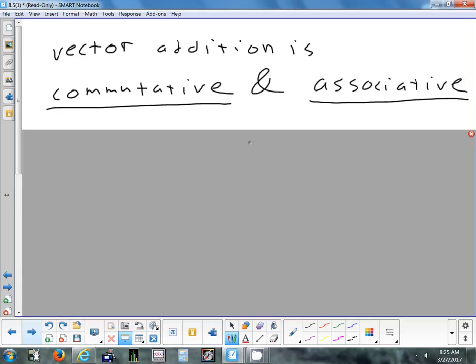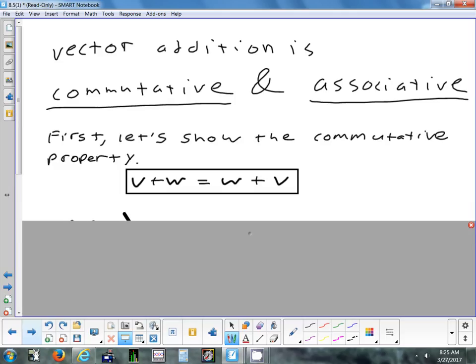All right, what does commutative mean? If I'm telling you vector addition is commutative. You can switch stuff around, like 2 plus 1 equals 1 plus 2. Basically it means you can switch the order and you will get the same answer. You might think, isn't that always true?